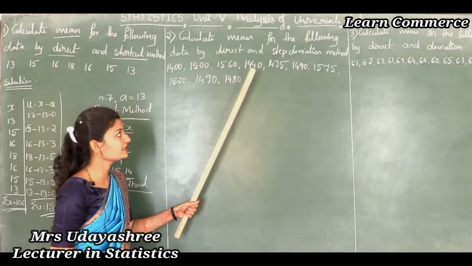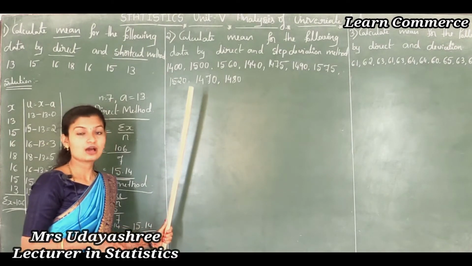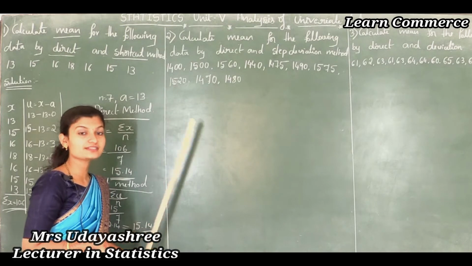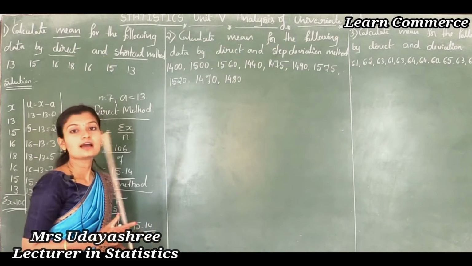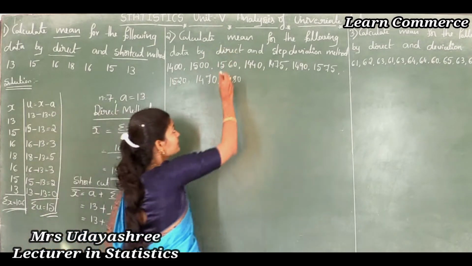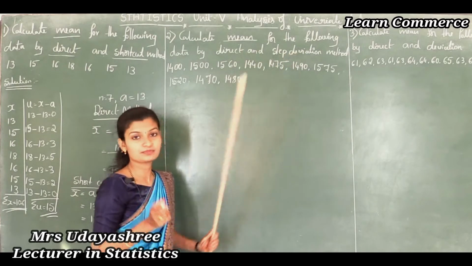Only one set of observations is given, therefore these are x observations and this is ungrouped data, and we need to calculate the mean using the direct method and step deviation method.